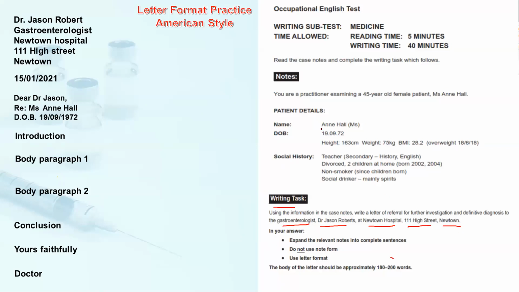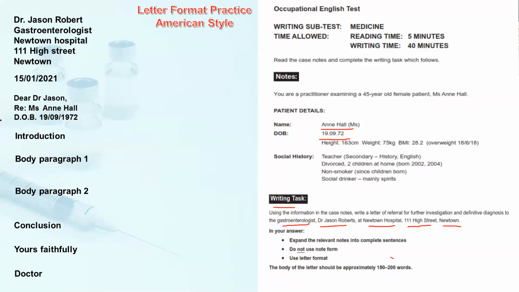And the name of your patient, Ms. Anne Hall, and DOP, date of birth, 19 September 1972. Here, I already prepared this letter format with certain mistakes, and you will correct these mistakes.